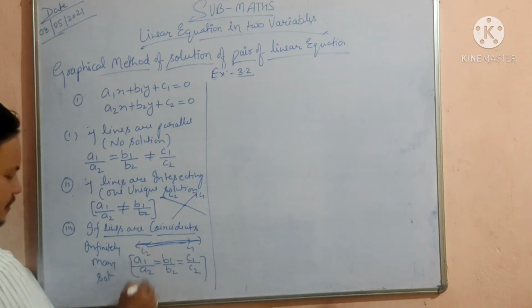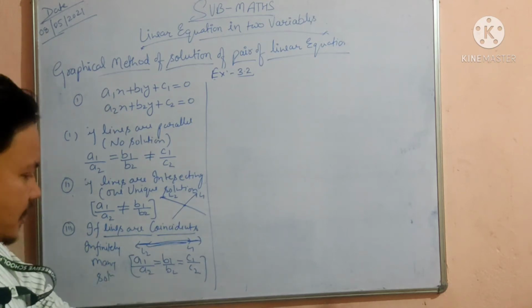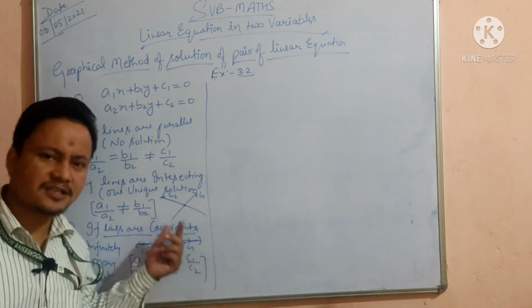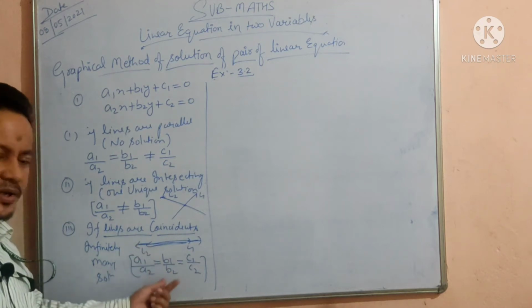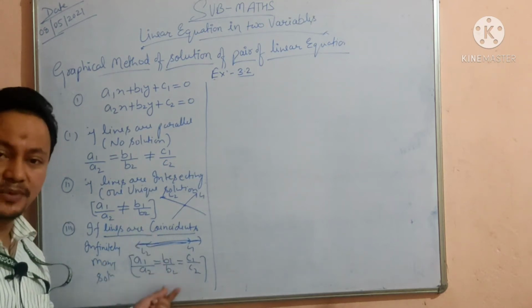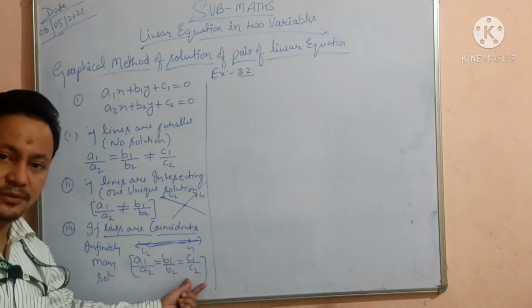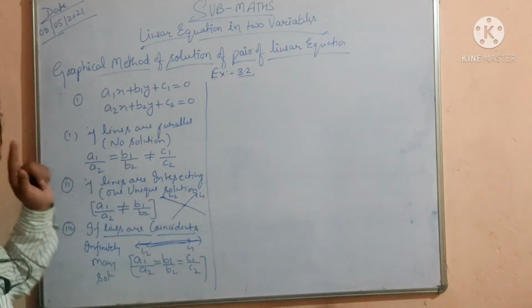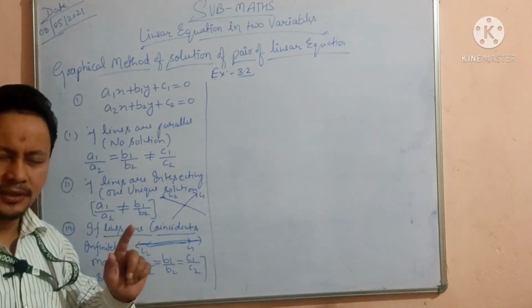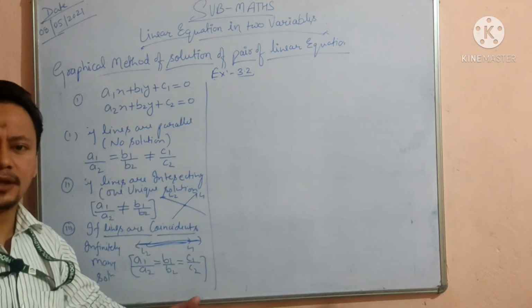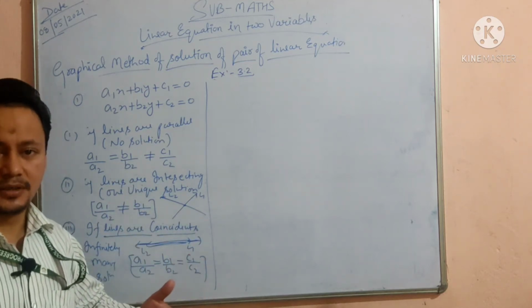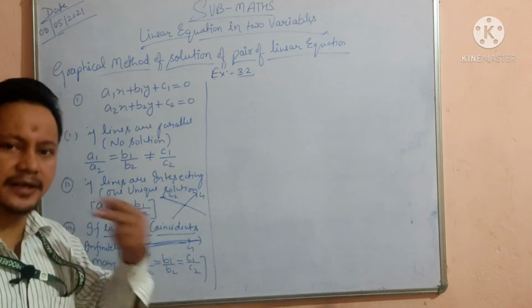The ratio of all corresponding coefficients must be equal. It means a1 upon a2 must be equal to b1 upon b2 must be equal to c1 upon c2. Whenever we get a solution, it may be a unique solution or infinitely many solutions, in both cases we are getting a solution.